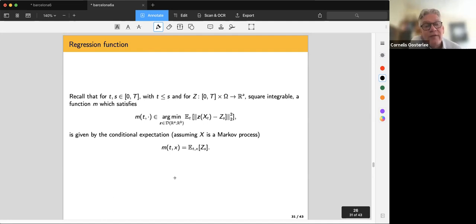Then we look for regression, and we know regression, right? That is the arg min over z, where in expectation z minus y, a square integrable function, satisfies this in the 2 norm, right?